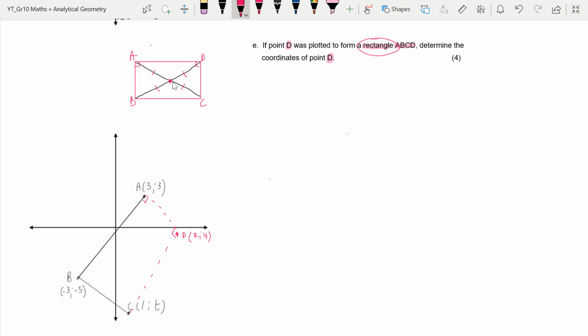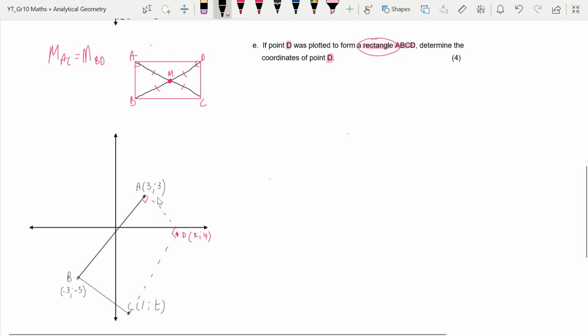All the side lengths will be the same, but I think the key thing there is bisect, that it cuts it in half. Why am I saying that's important? Because the midpoint of BD, whatever it is, will also be the same as the midpoint of AC. The midpoint of AC is equal to the midpoint of BD.